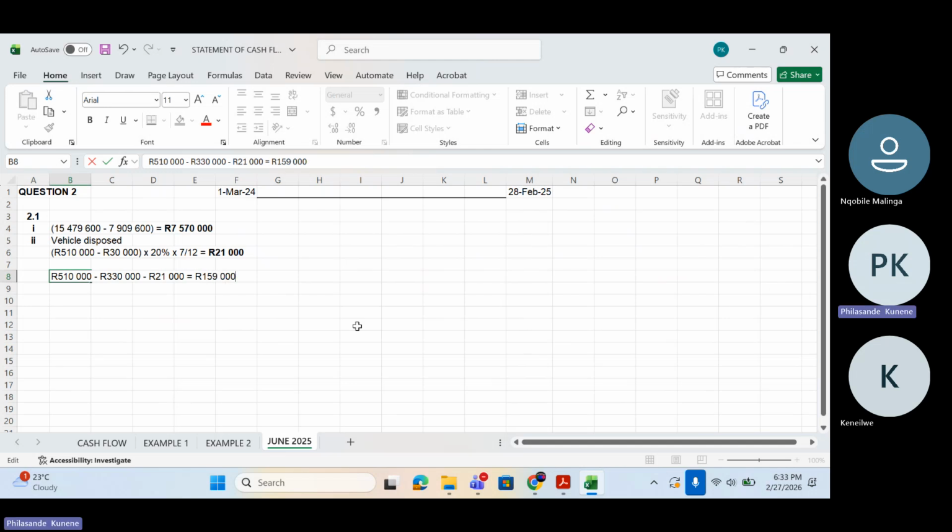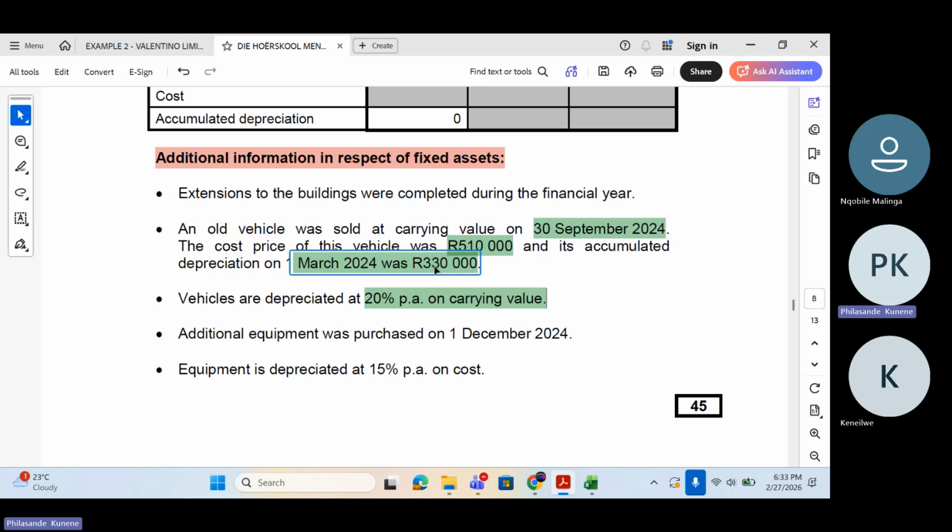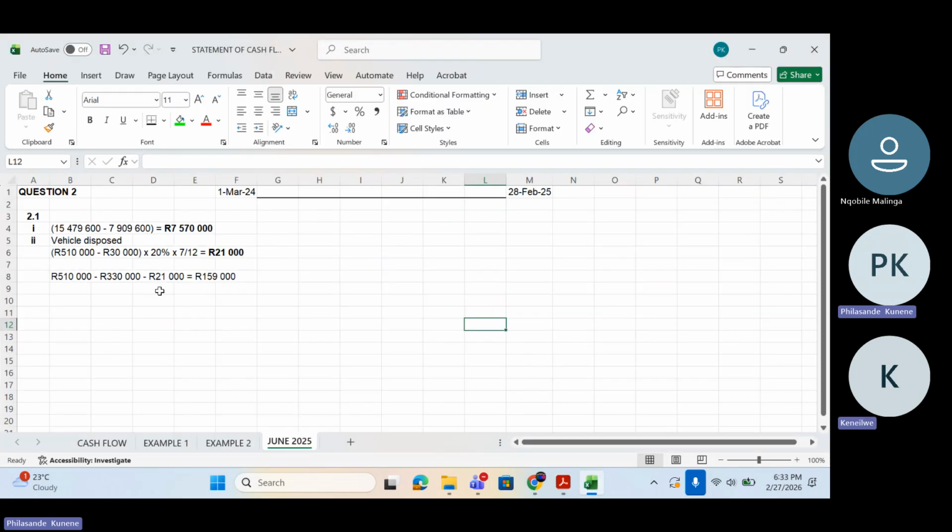159,000. So this 159,000 is the amount that we wanted. 510 minus 330, and then minus the 21,000 rands, and we're getting 159,000 rands.